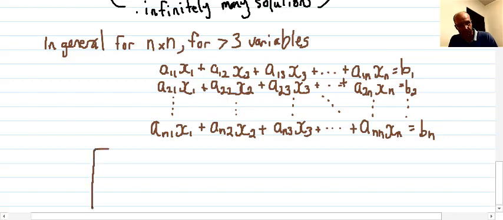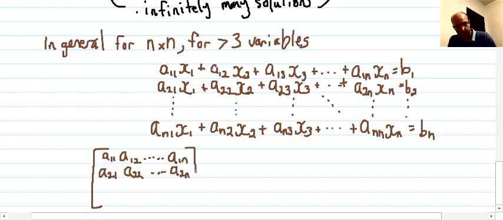So, a matrix such that we've got a coefficient matrix, and so on. And we've got n by n, so it's not m by n, is it?